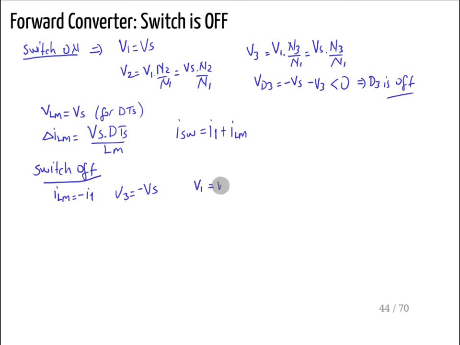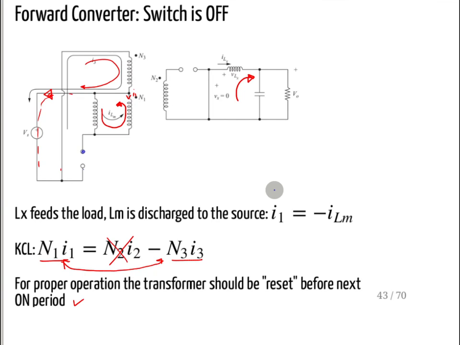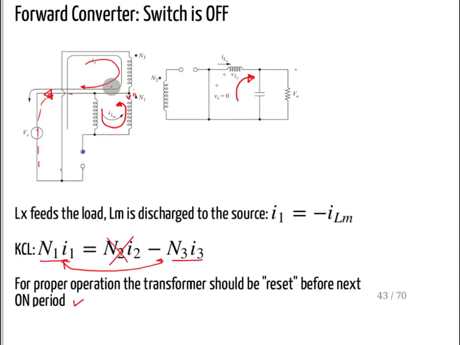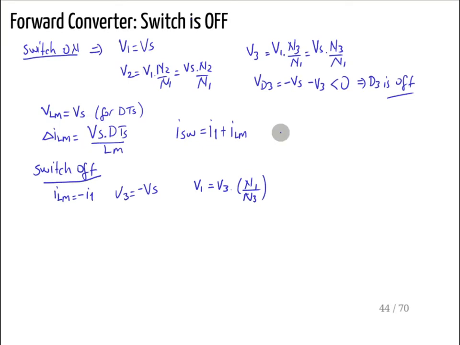V1 during that time is V3 times N1 over N3, and if you are confused with that configuration, you can write that relation. That is equal to minus Vs times N1 over N3.